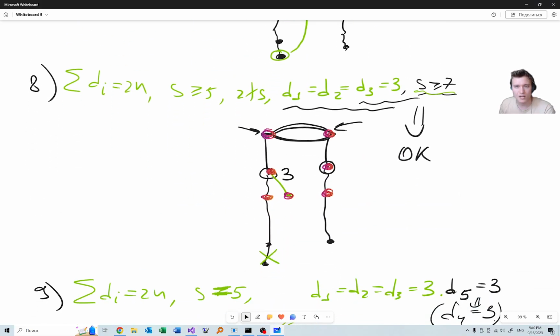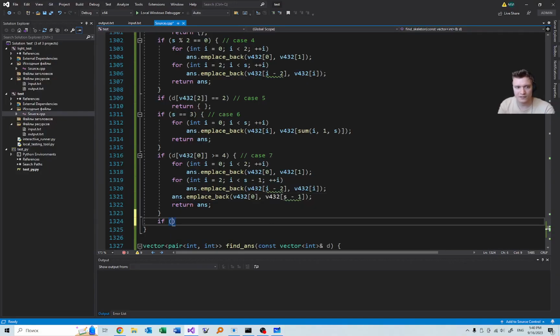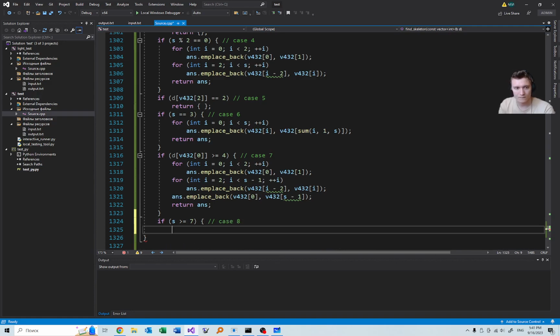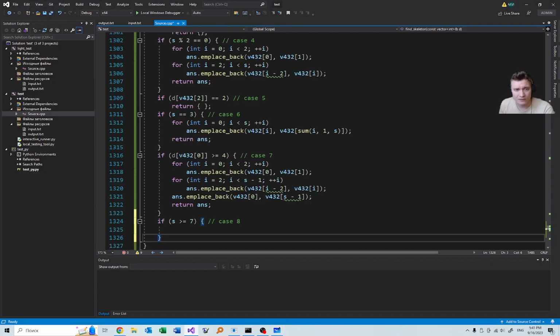Let's go on. Now s is at least 7. Let's look at what we have here. This is also some sort of difficult case, but it is actually not very difficult.